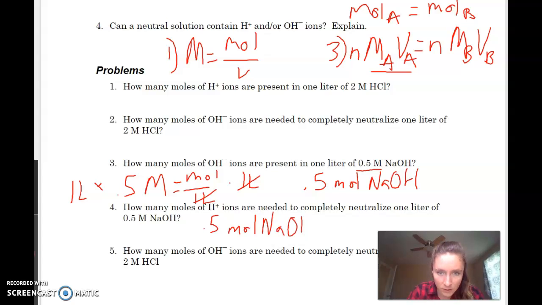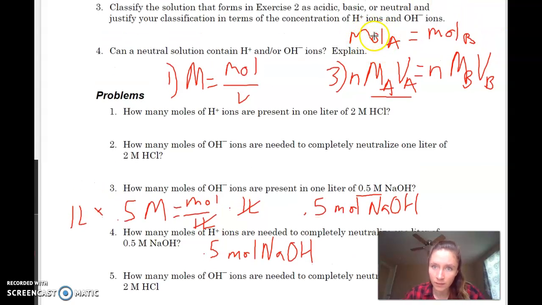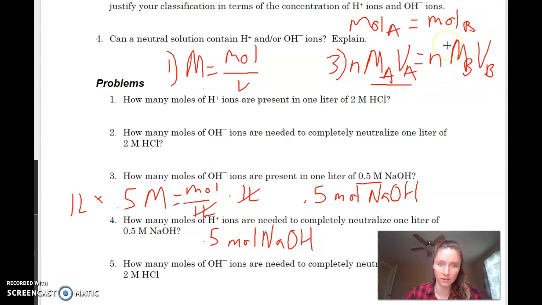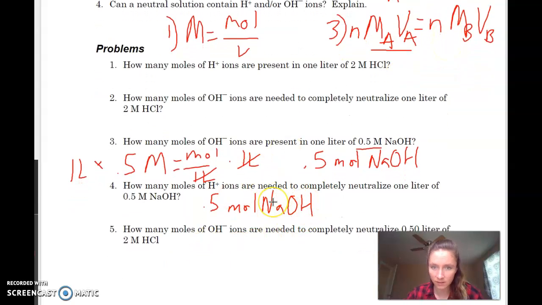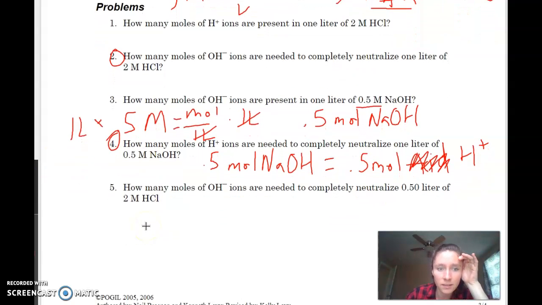So if we're trying to neutralize it with H plus ions, based on equation 3, your moles of acid has to equal your moles of base. So if you have 0.5 moles of base, you're going to need 0.5 moles of acid, or 0.50 moles of H plus. That means acid. So again, numbers 2 and 4 really use both equations, so they're challenge questions.